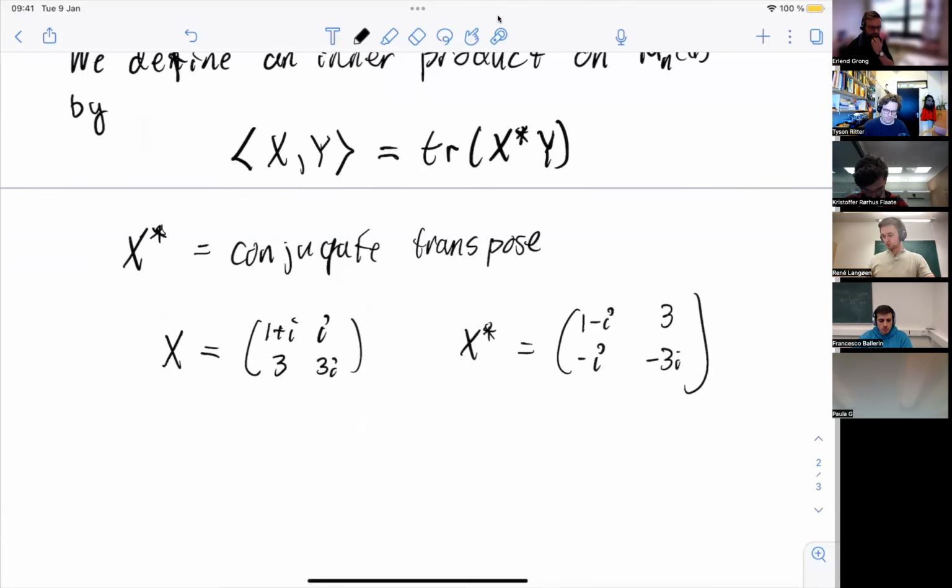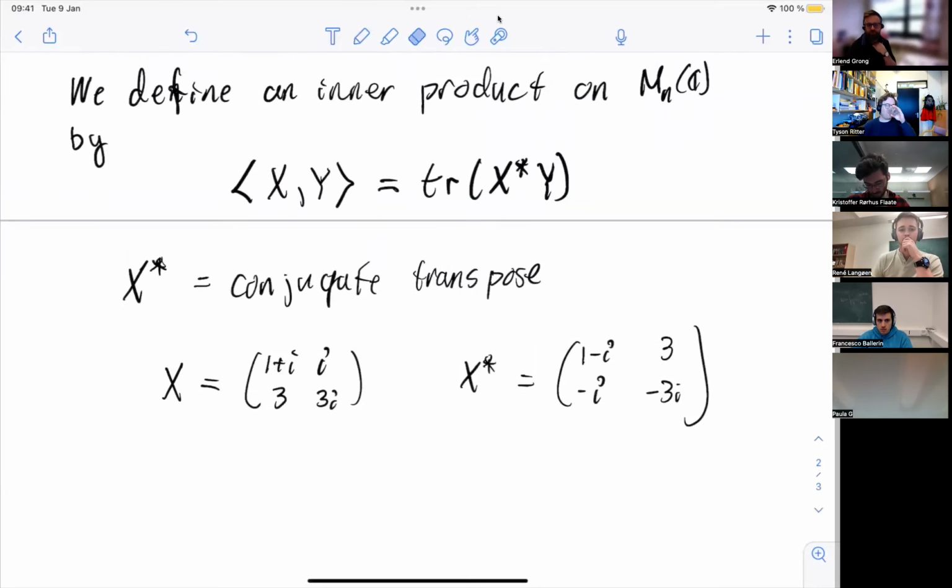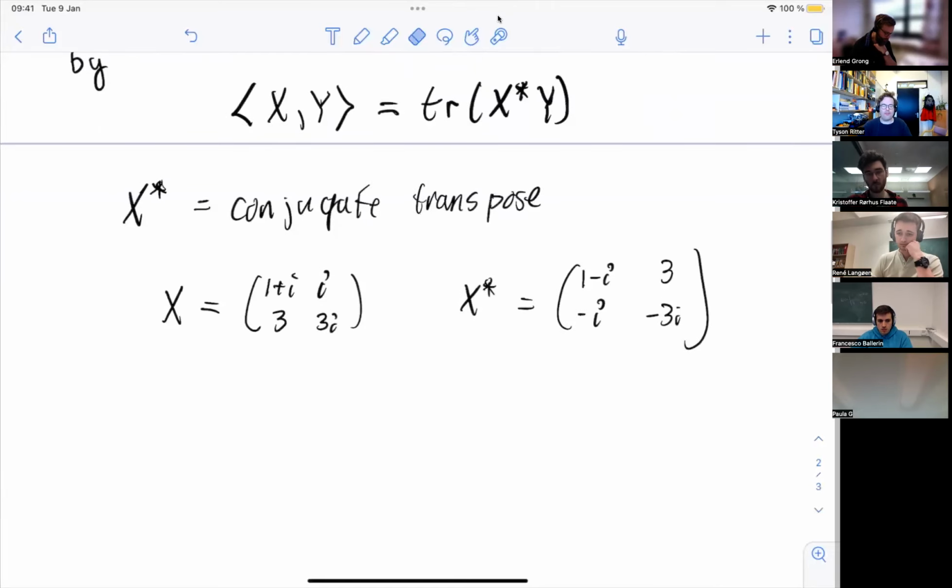Like this. So this is the conjugate transposed. So this is the inner product that we want to use for the setting.